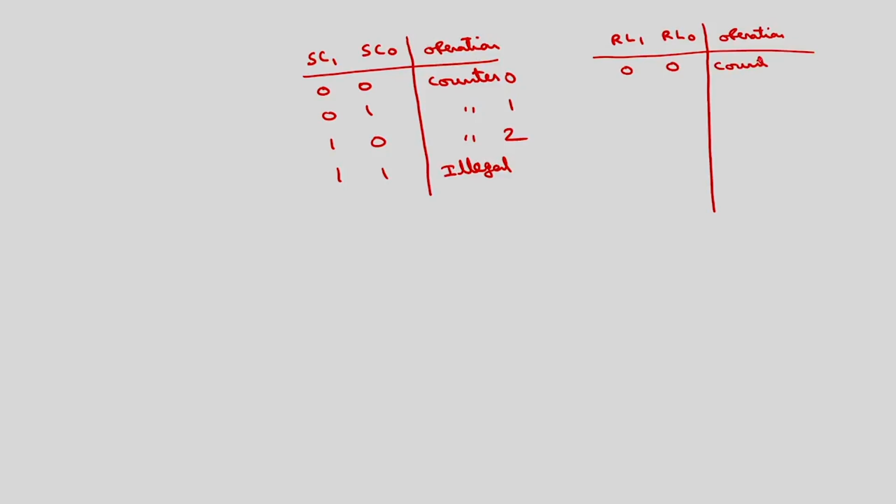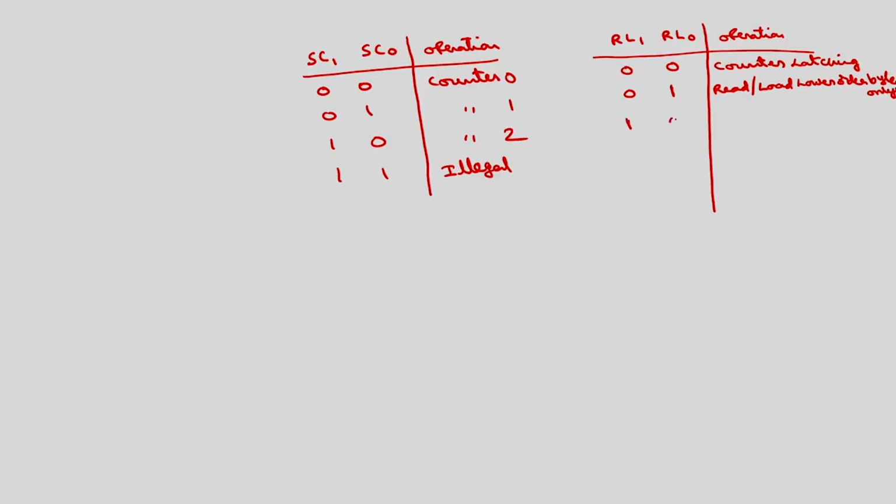I will discuss what this counter latching operation is while discussing the modes. 0 1 means read or load the lower order byte only, that is, for 8-bit operation, lower order 8 bits only.